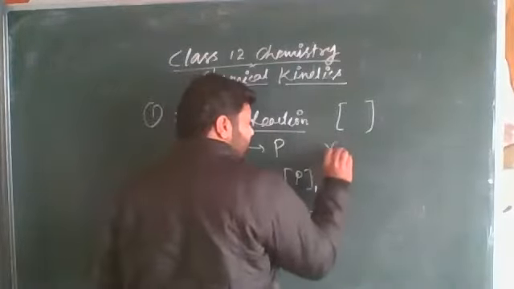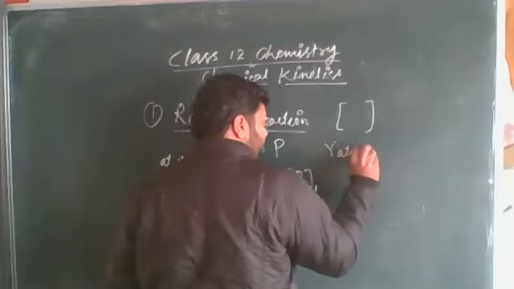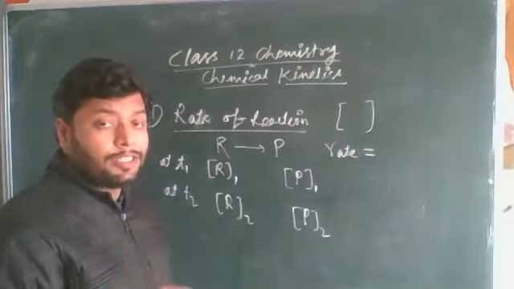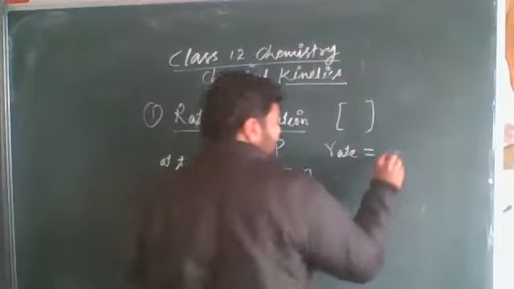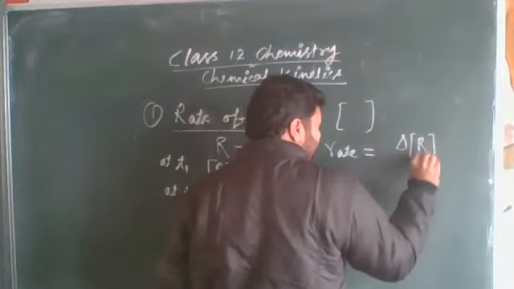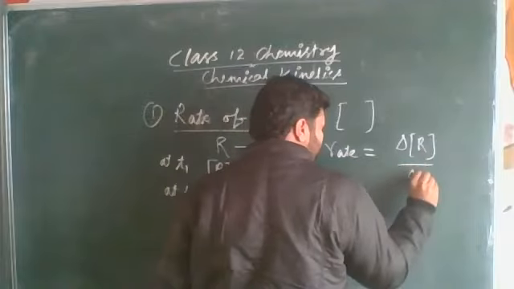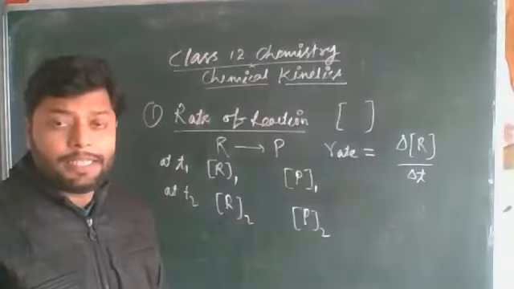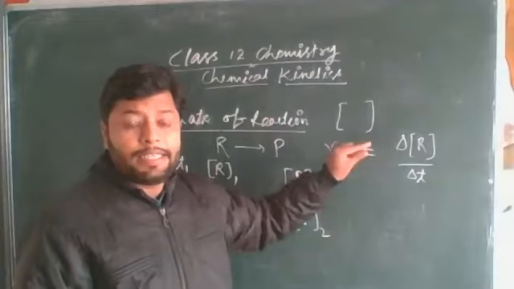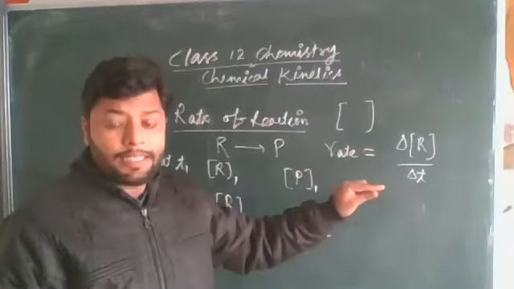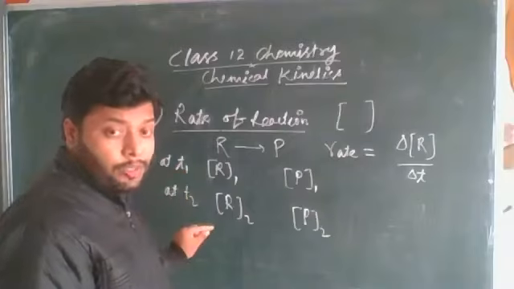the rate can be the consumption of reactants per unit time. That means delta R upon delta T, where delta R indicates R2 minus R1 and delta T indicates T2 minus T1.